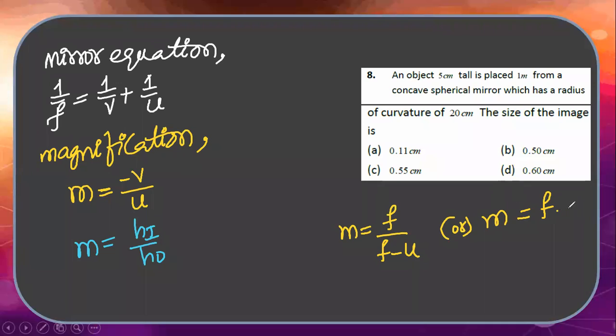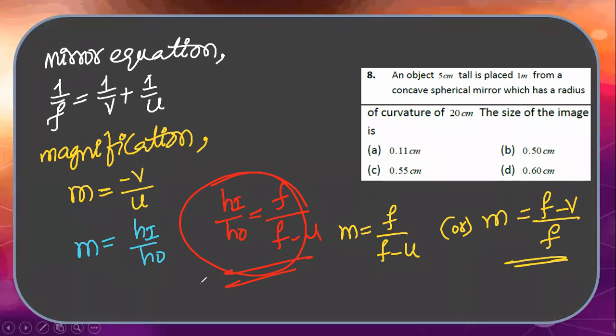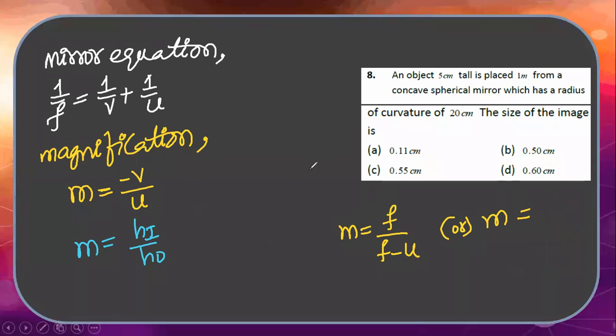If you know the image distance and the focal length, this is the formula to calculate magnification. Instead of magnification, we may write height of the image divided by height of the object is equal to f divided by f minus u. Like this, we can use the shortcut formula.